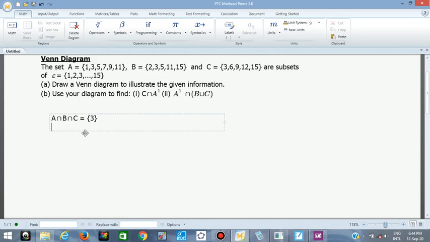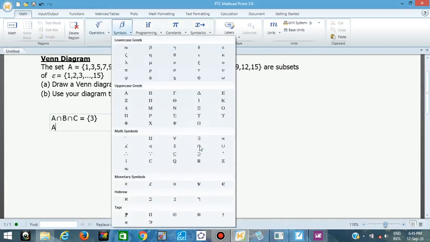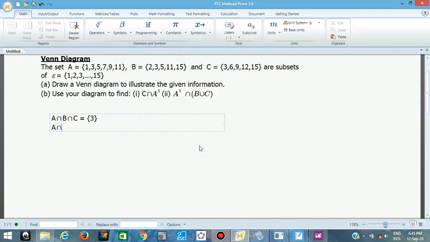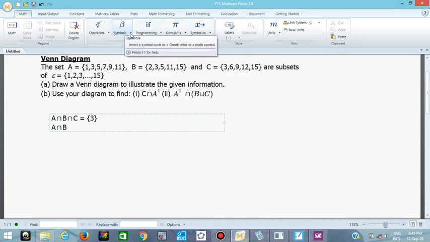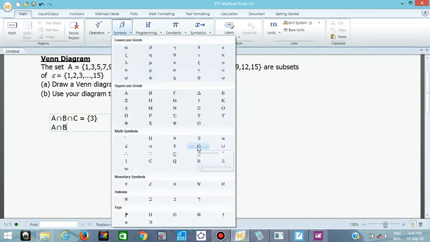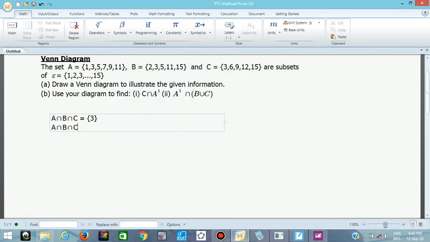That is the complement of set C, and this is how you write it. A intersection B, then intersection C. Then you must put this one in a complement form.